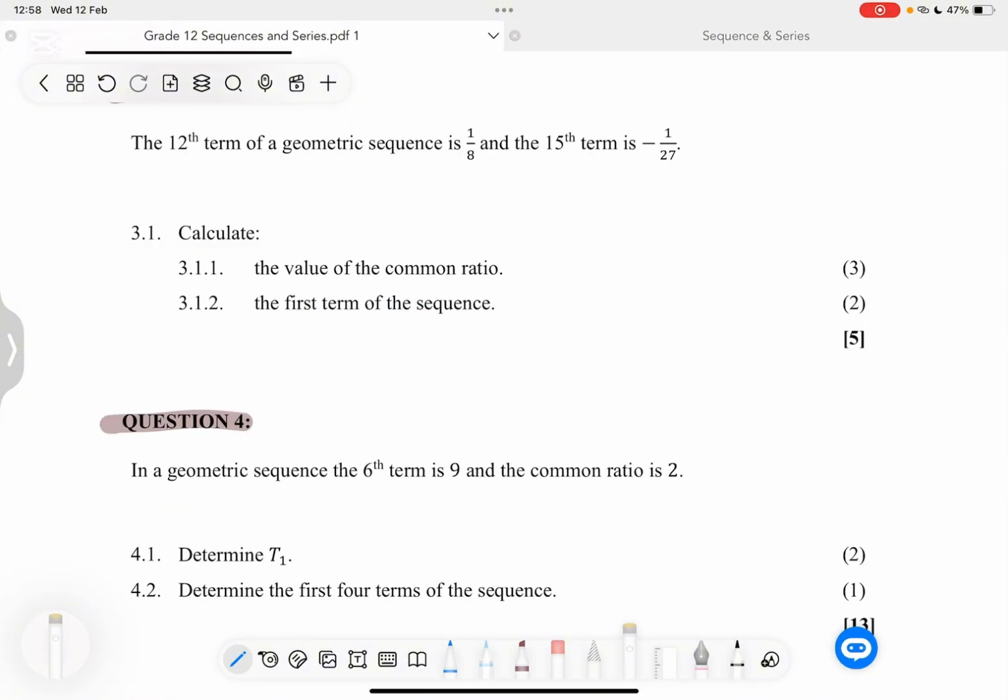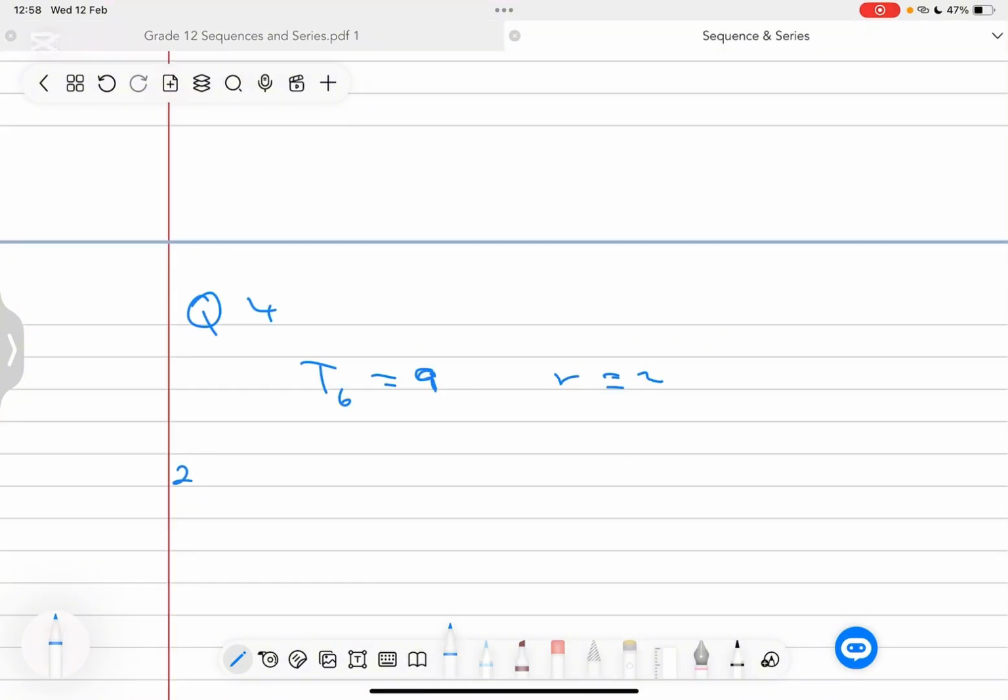So here we are dealing with question 4.1, and we need to calculate T1. To get T1, I will say, look, term 6 is equal to A times r to the power 5.